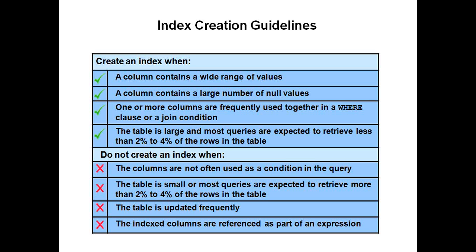So as per the point, suppose you have a select query with some where condition. In the where condition, what are all the columns specified? On top of those columns, you need to create an index. Suppose I have a select query like this: select star from EMP where department number equals 10.